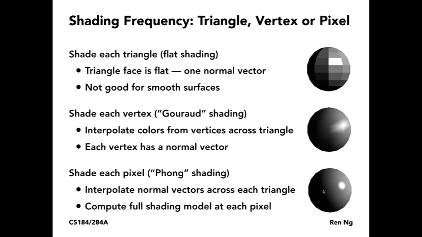We get a slightly different n vector at each of those, okay? And then we do the Phong shading model, the n dot h calculation, at each sample on the surface. So it's happening at way higher frequency, once per sample over each of these spheres, not once per vertex, as you can see up there, okay?